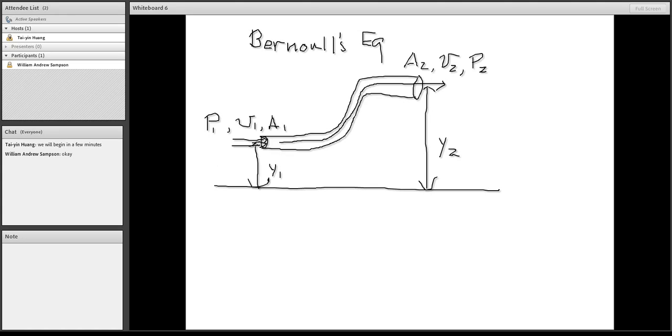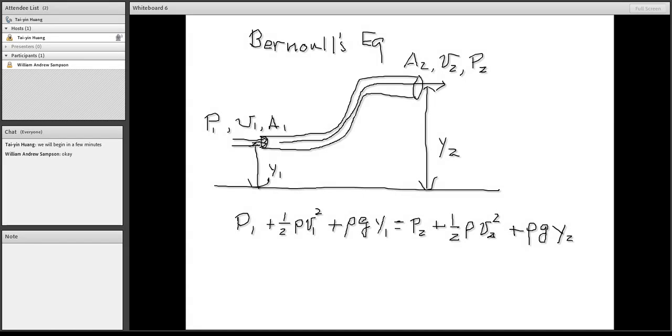Based on the conservation of energy, what we can see from this picture is that the pressure on the left, P1, plus 1/2 the density of the fluid times the velocity on the left squared, plus the density of the fluid times g times y1, which is the location of the fluid, must be equal to the pressure on the right, P2, plus 1/2 the density of the fluid times the velocity on the right squared, plus the density of the fluid times g times y2.